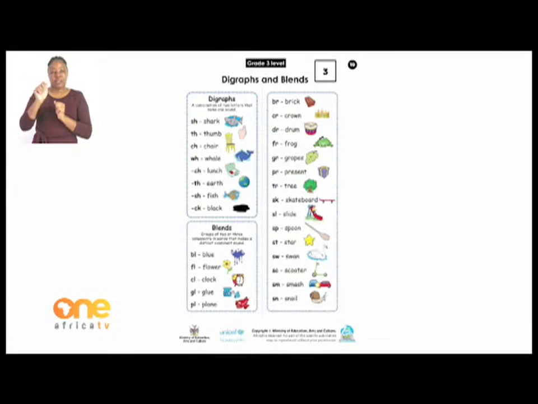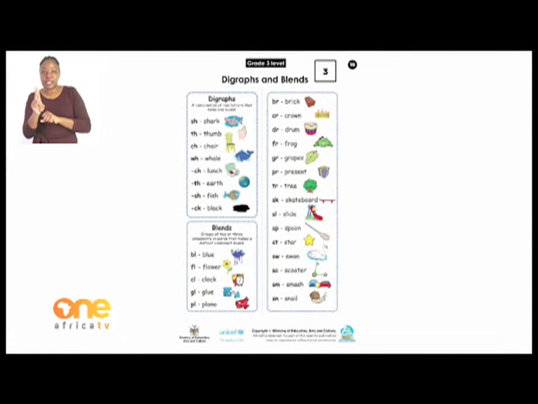What I would like us to do is that we are going to do the sound first. We are going to sound the words we can see and then say the words together. For example, we have sh, r, k, shark. That's the word that we're going to say. So we first sound the word and then we say the word together.